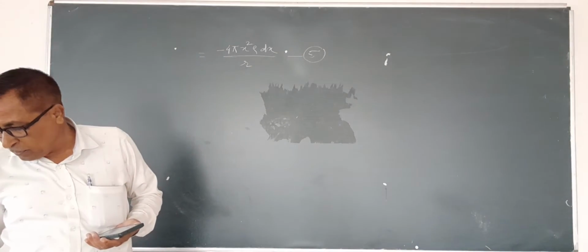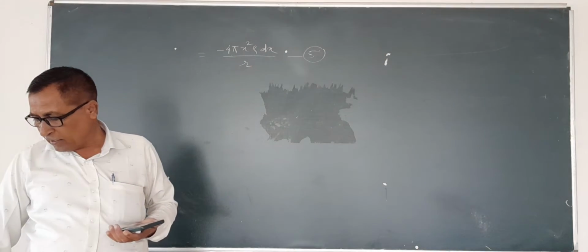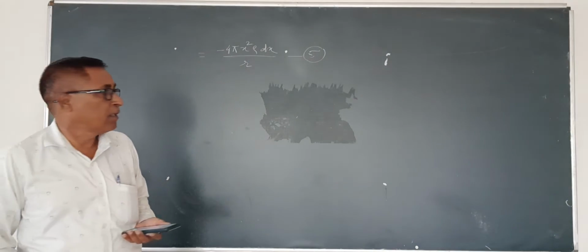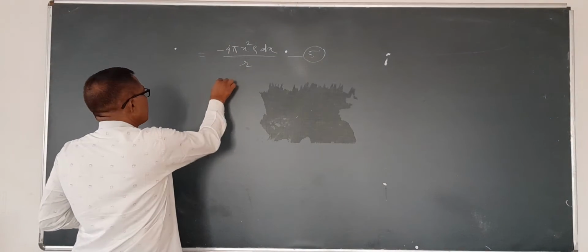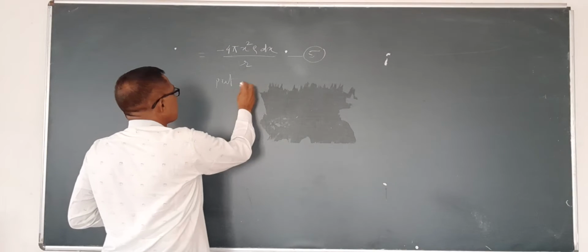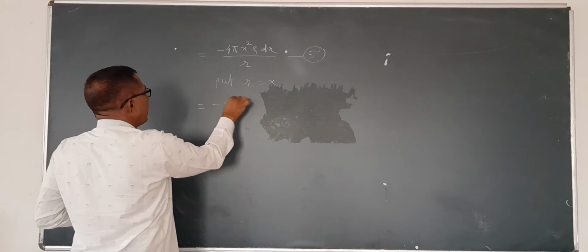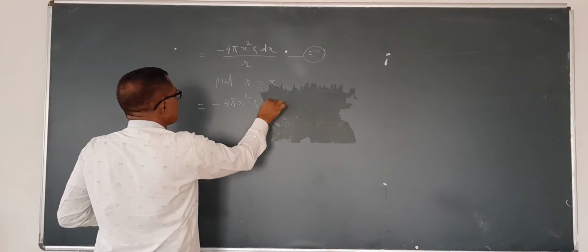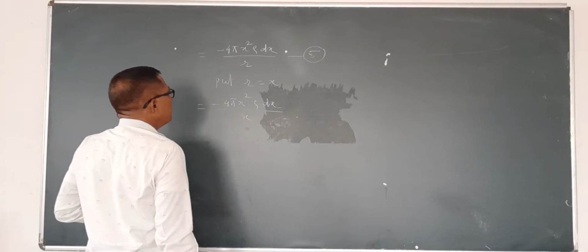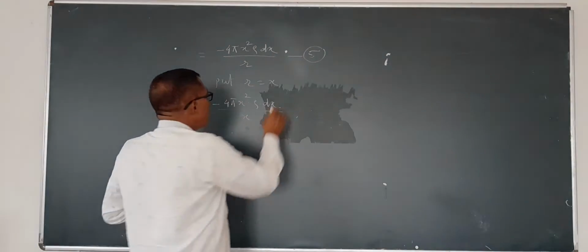Therefore, the potential at a point P within a cell is the same as that at any point on its surface. Therefore, we have to put x equals r, or r equals x. So this equation becomes minus 4 pi x square rho dx upon, instead of r, we write x into g into z.